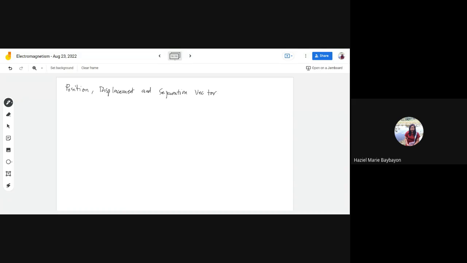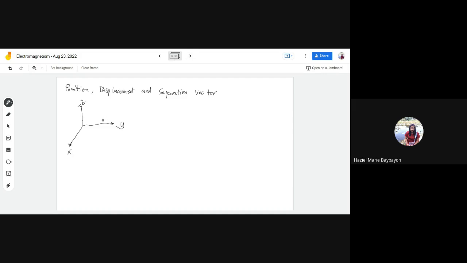Okay, so let us define a point. A point in space can be described by listing its Cartesian coordinates. So for example, we have a point here in space, anywhere in space, with axes x, y, z.